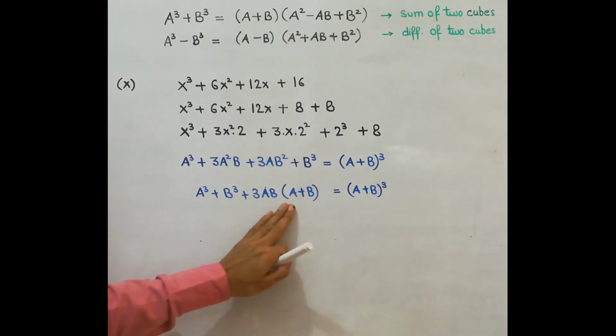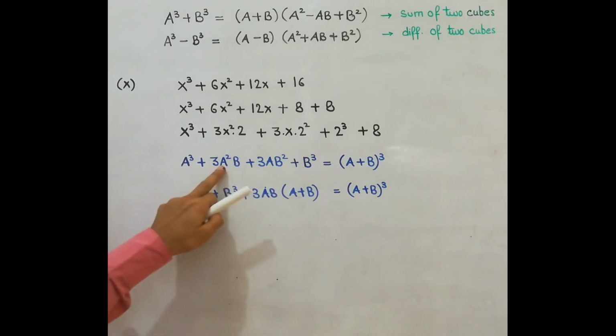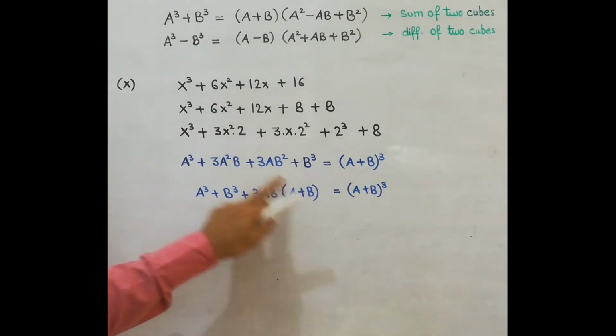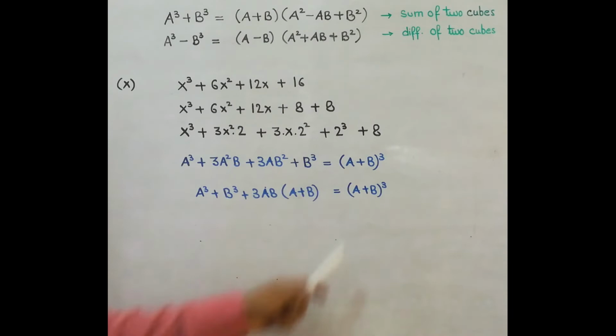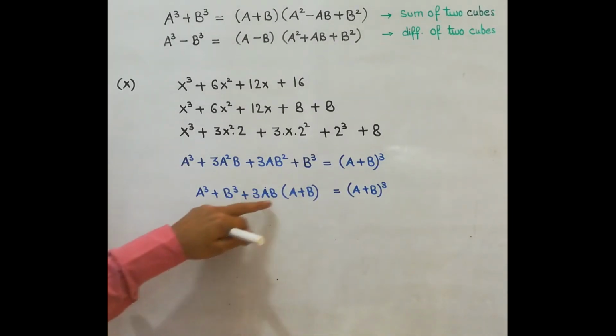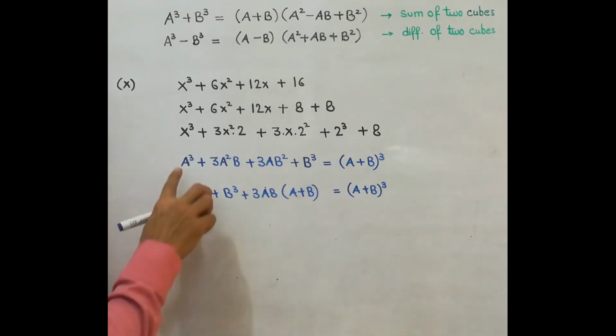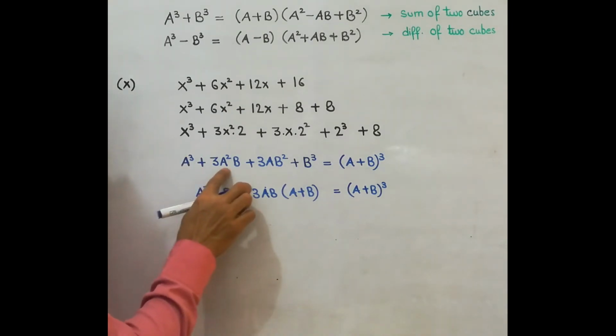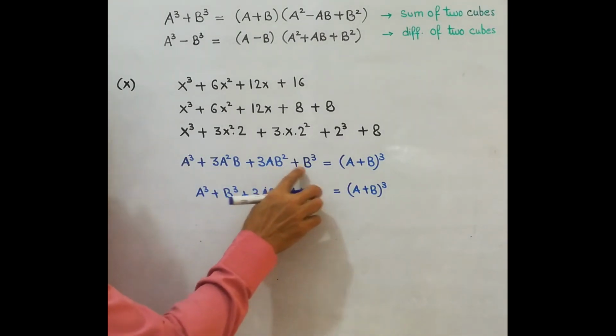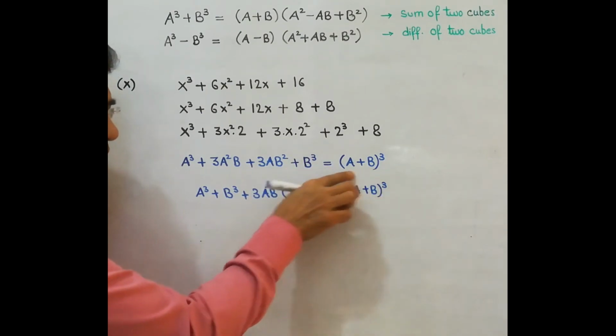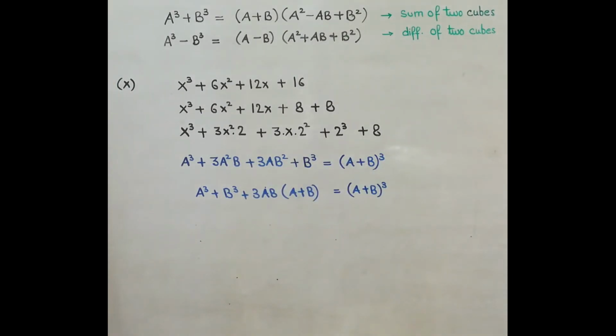Now if you expand this, 3ab into a, you will get this, 3ab into b, you will get this. So I have told you the formula in this form, but if you expand it, you will get this form. That means wherever you get a cube plus 3a square b plus 3ab square plus b cube, that can be written as a plus b whole cube.